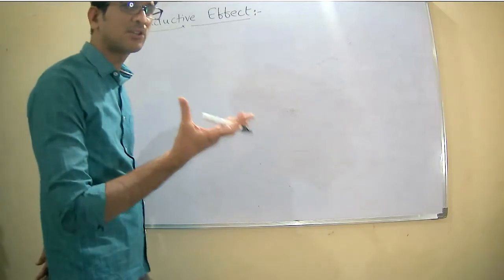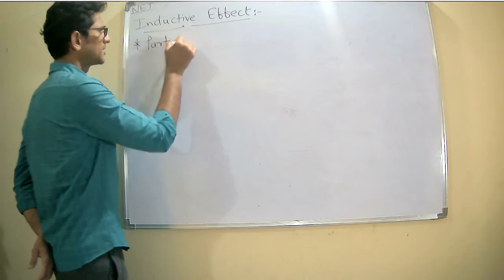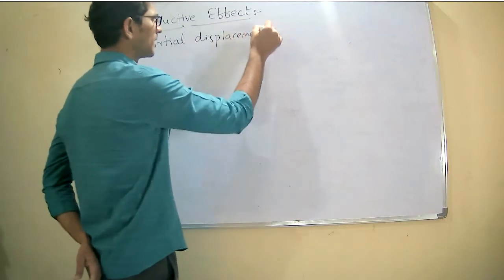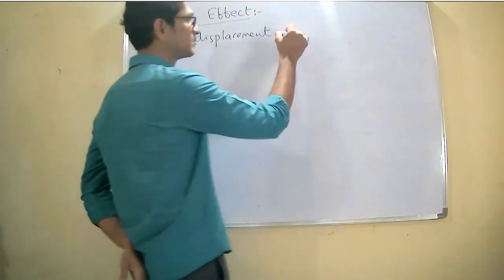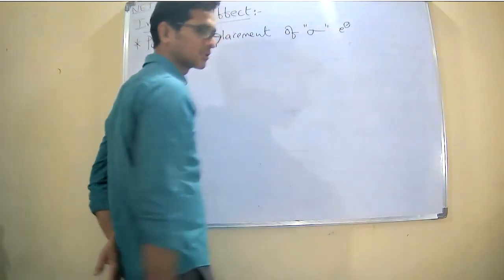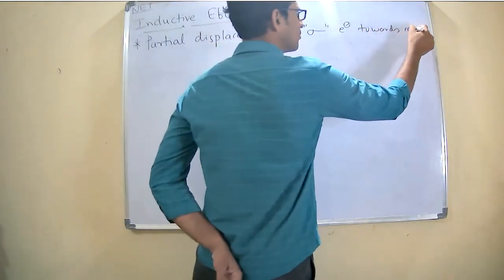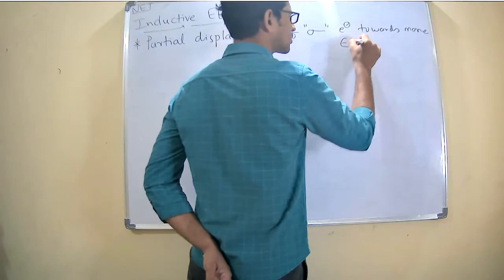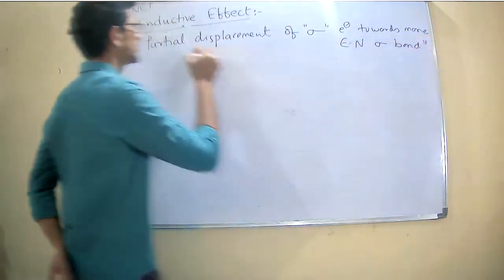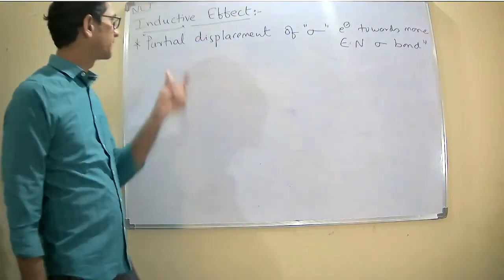Partial displacement of sigma electrons towards the more electronegative atom in a sigma bond is called the inductive effect.